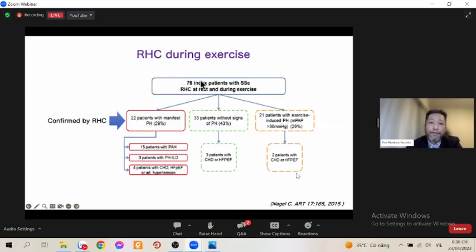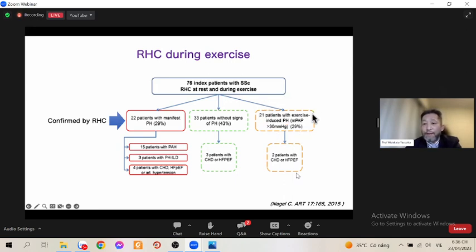And here is the interesting data. Using 76 scleroderma cases, the right heart catheter test was performed at rest and during the exercise. In 76 patients, 22 patients had manifest PAH, but 15 had PAH, 3 with ILD, and 4 with chronic heart disease.